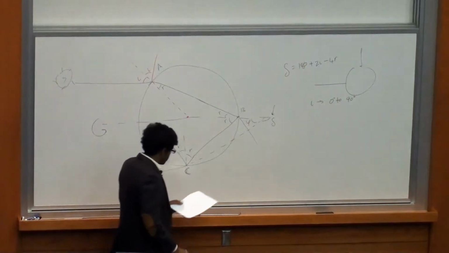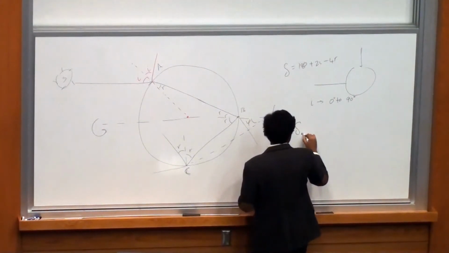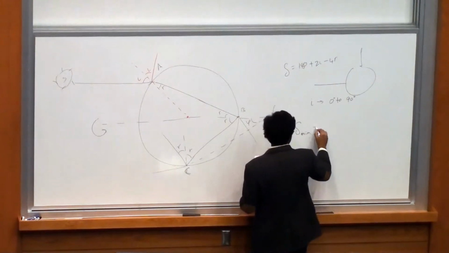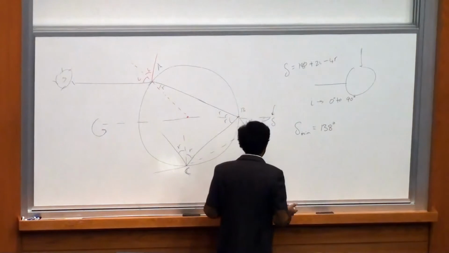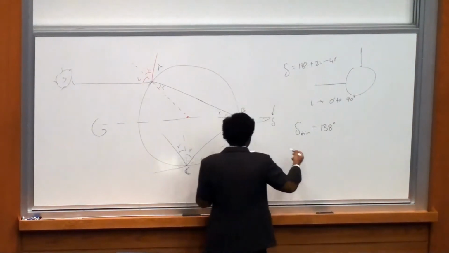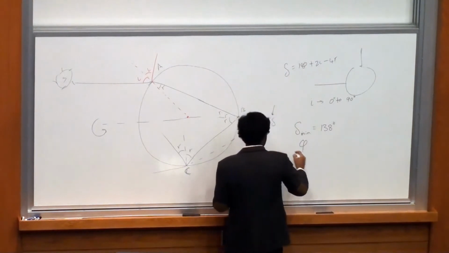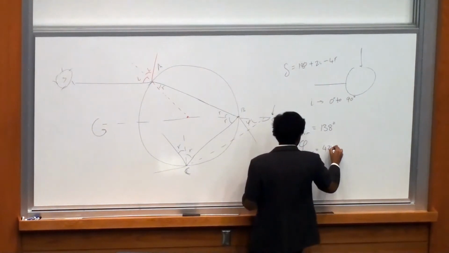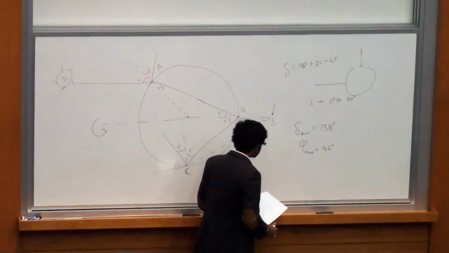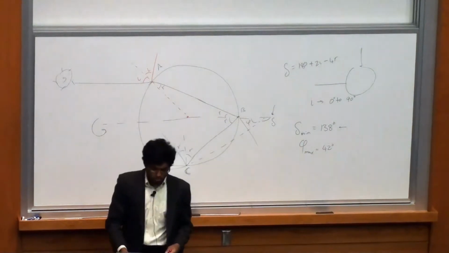And it just so happens that there's a minimum angle, call this delta minimum, for which a rainbow is possible, and that is 138 degrees. And by simple arithmetic, I know that the maximum value for phi is going to have to be 42 degrees approximately.